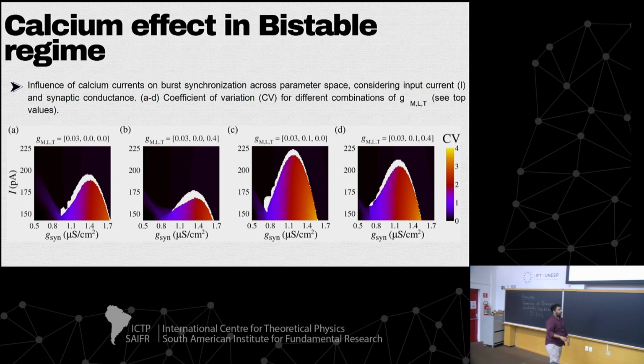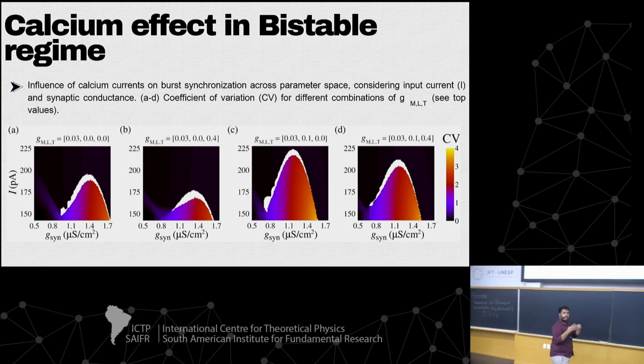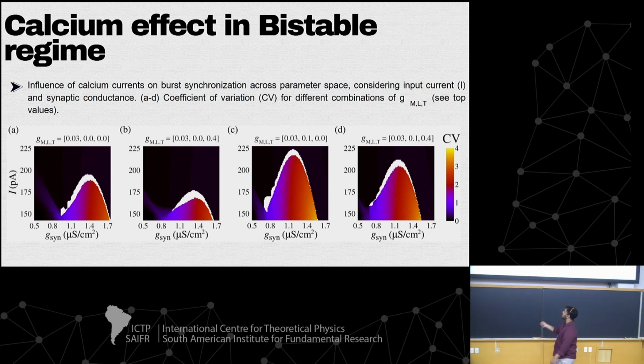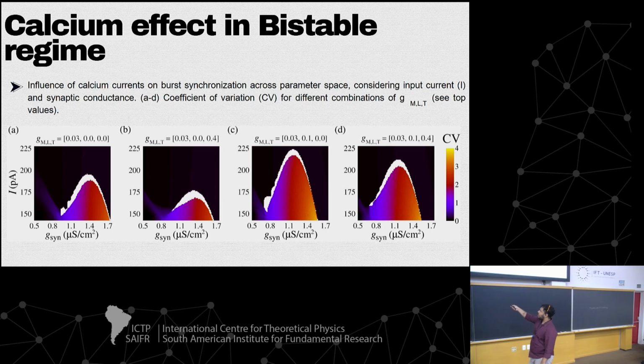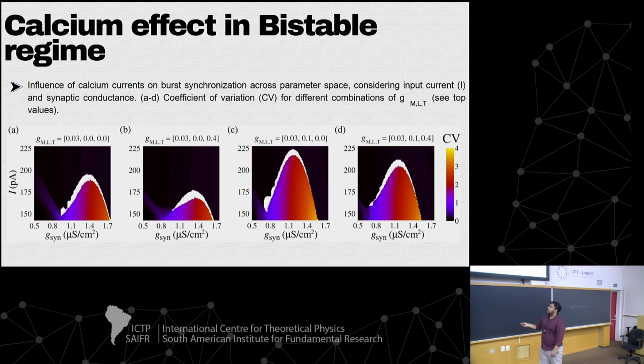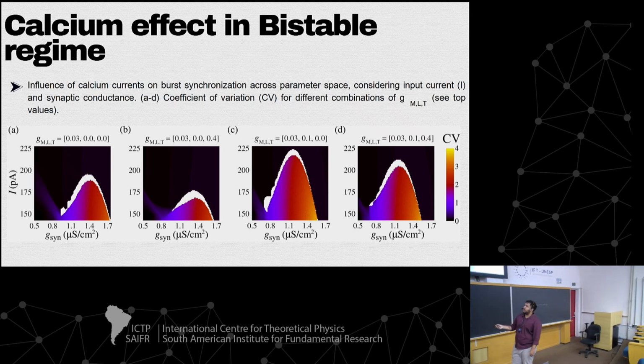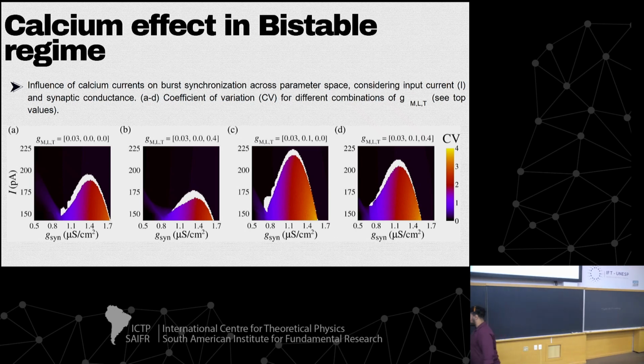But now, if we include the slow dynamics of calcium, what happens? We get this panel here, where we observe a larger region of bistability. But if we increase the external input a little bit more, we don't find anything. There are just spikes appearing, no more bursts.